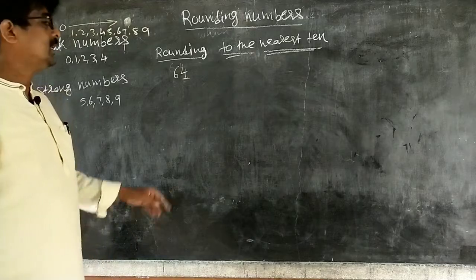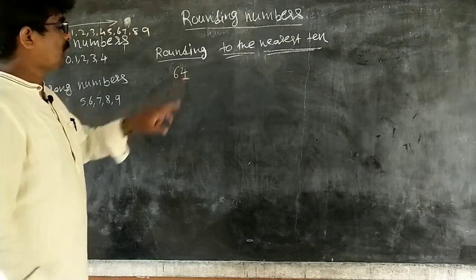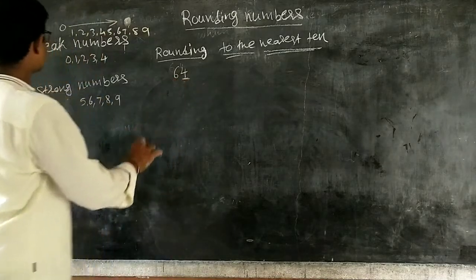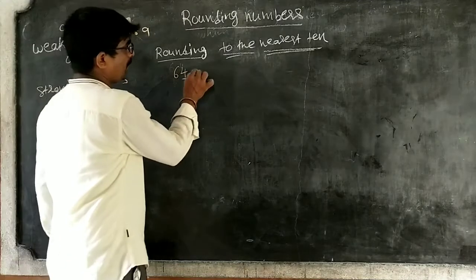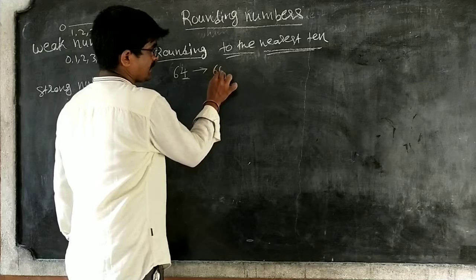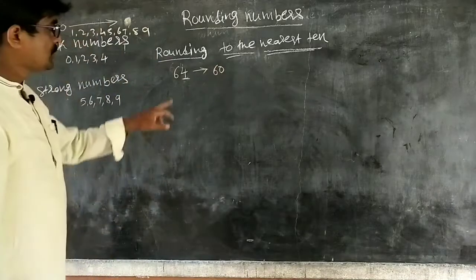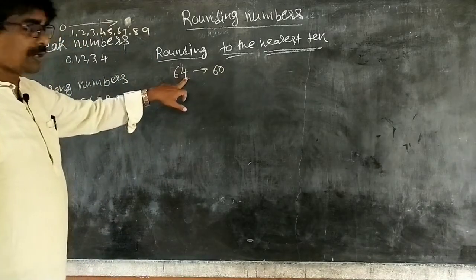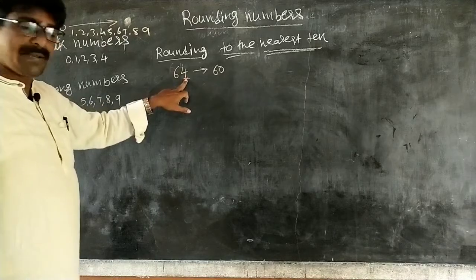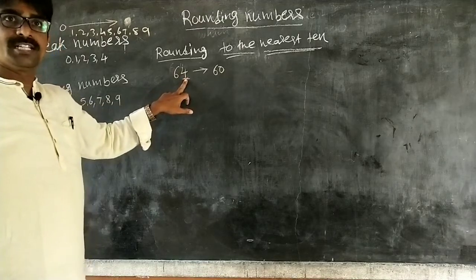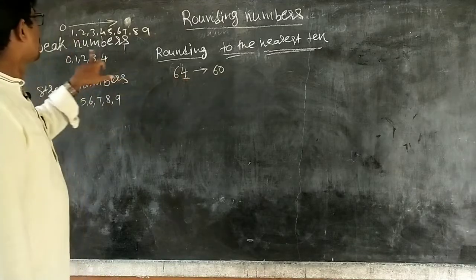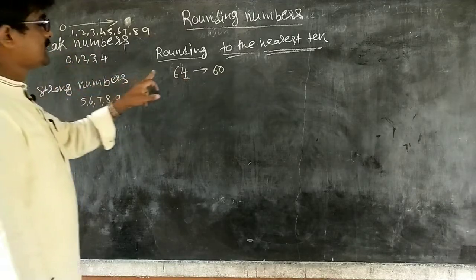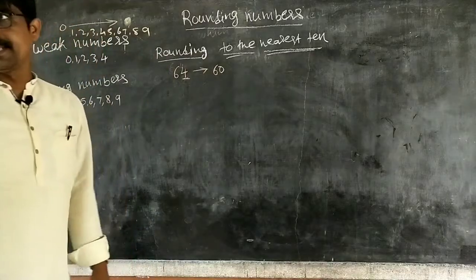In the ones digit of 64, 4 is there. 4 is a weak number. Simply you have to write 60. Understood? So for tens, you have to observe the ones place. The ones place is 4, a weak number. That way simply write 60.